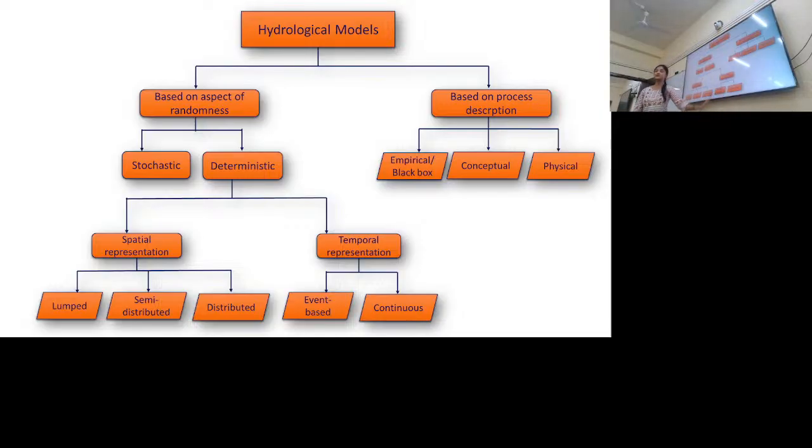Event-based means when we are considering one single event of a hydrograph, like a flood event. Continuous means we are simulating the model for a long period of time, like 2 to 3 decades. So this is your continuous model.